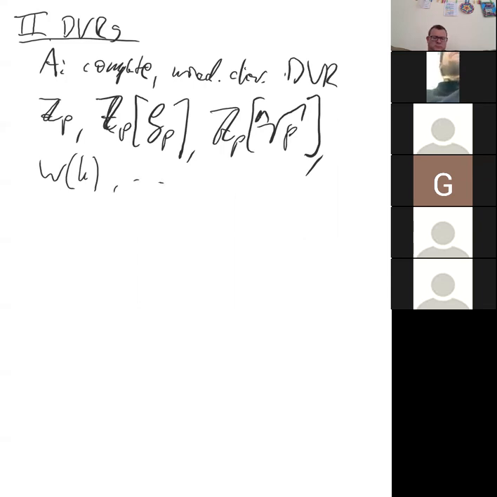If you don't really know what a discrete valuation ring is in general, you don't need to know for this talk. Think of these examples: Z_p with some stuff adjoined.